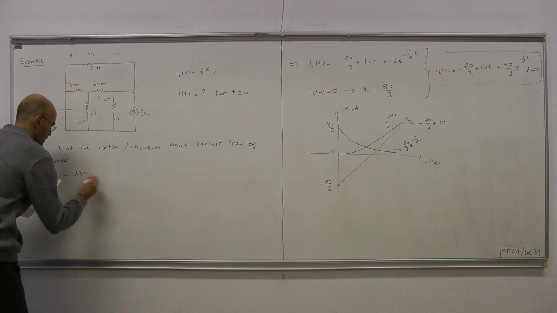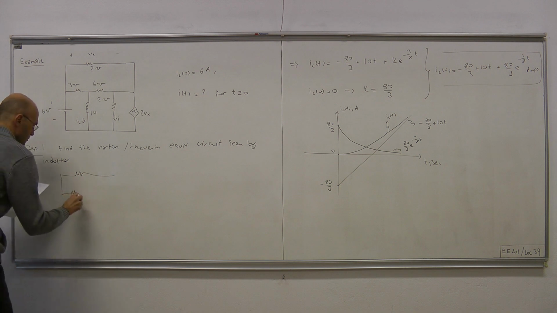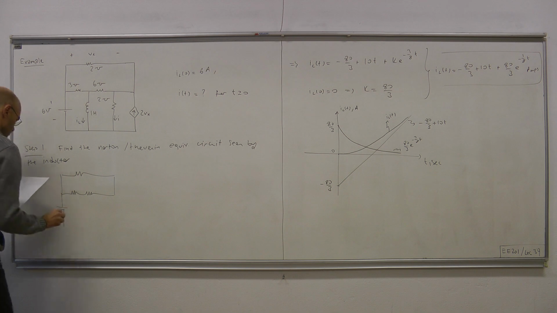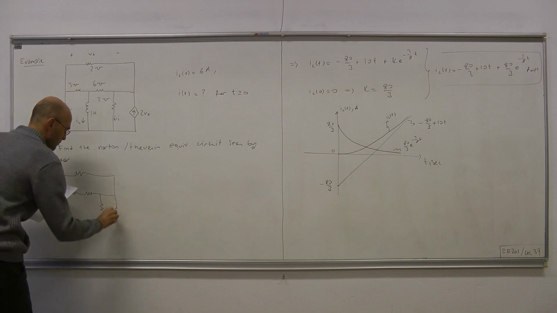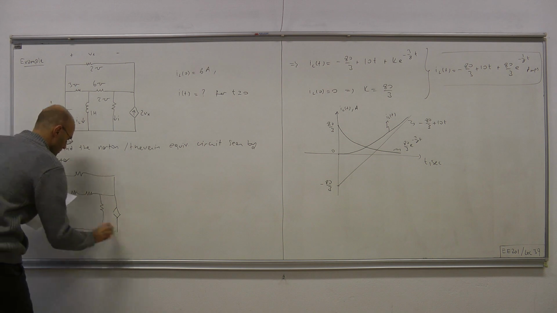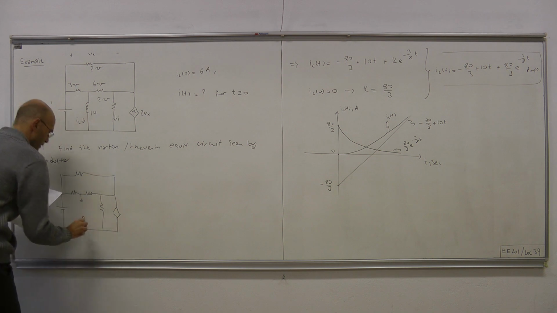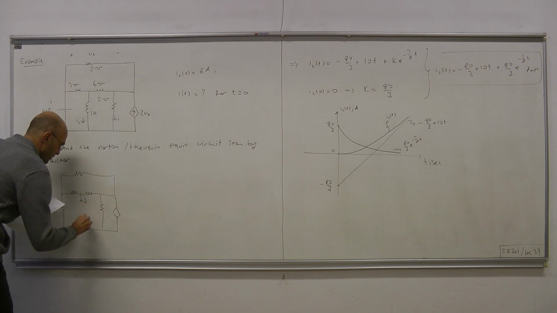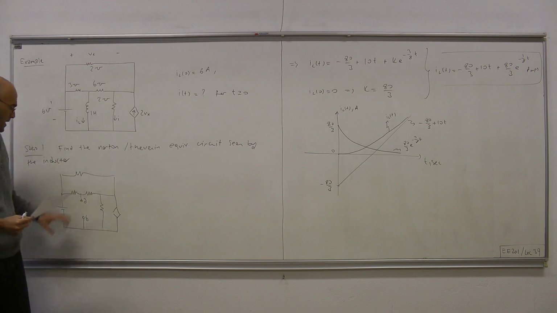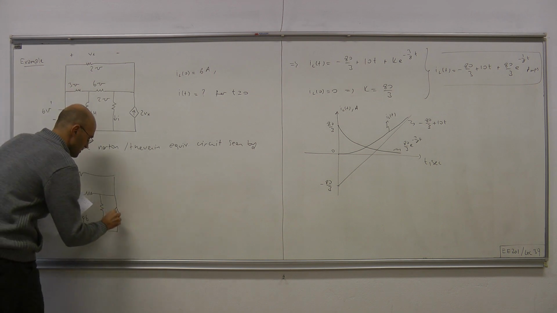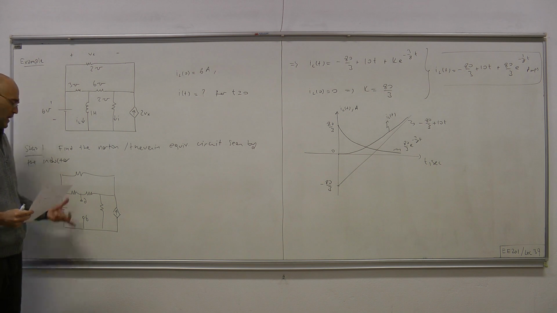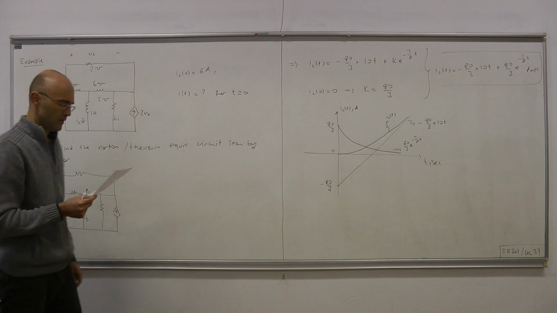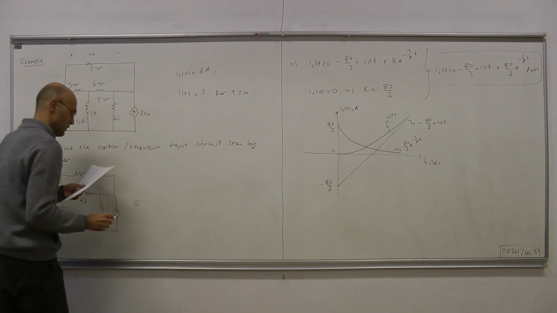This is where our inductor is connected. Replace it, or take it out, and this becomes an LTI resistive circuit, which has an equivalent representation, either Norton equivalent or Thevenin equivalent.